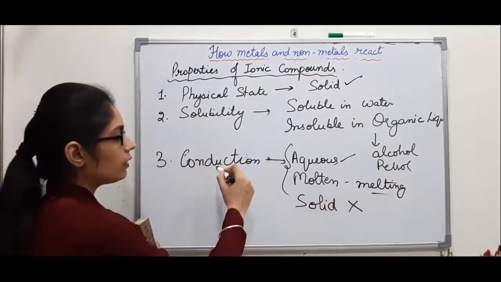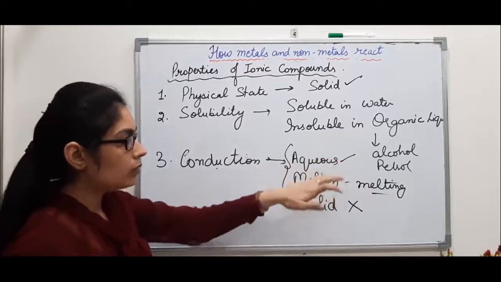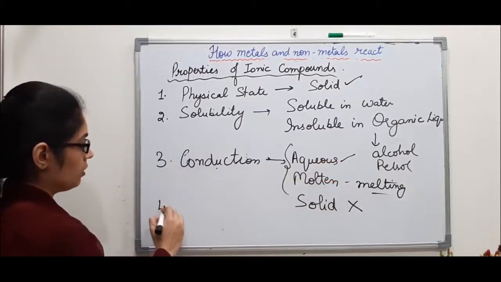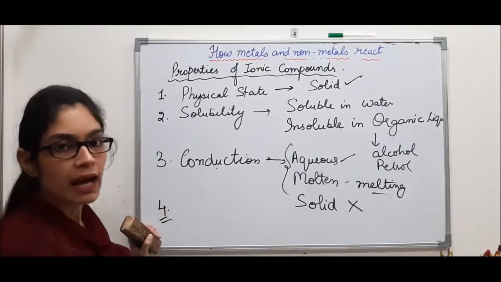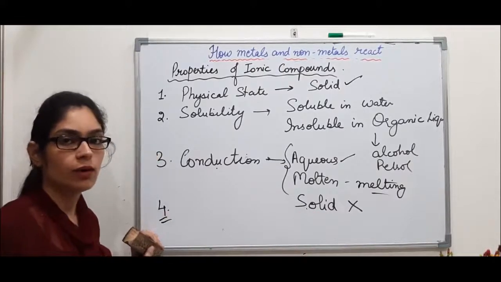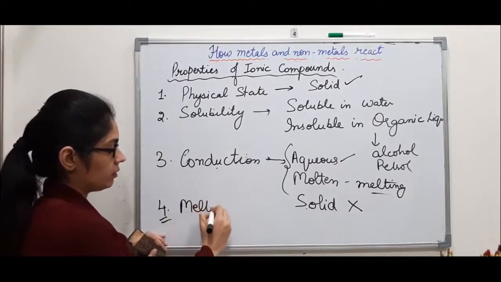So once again, conduction of electricity is only possible in aqueous and molten state. It's not possible in solid state, because although they have charges in solid state, the charges are at rest, they are not in motion.